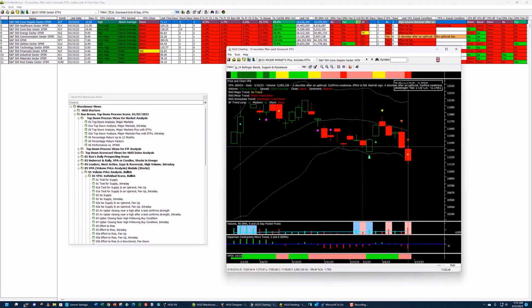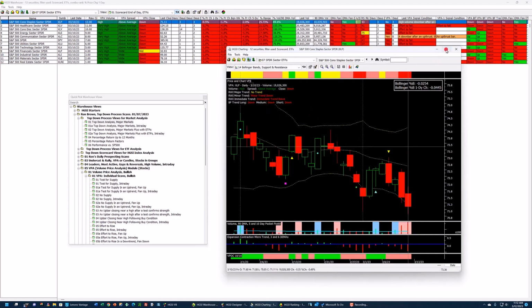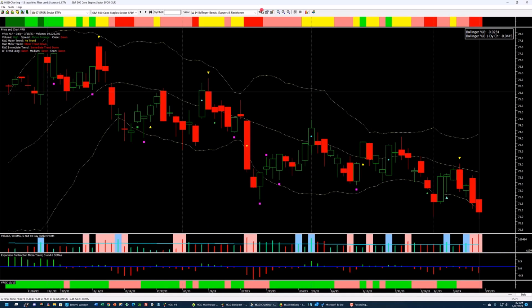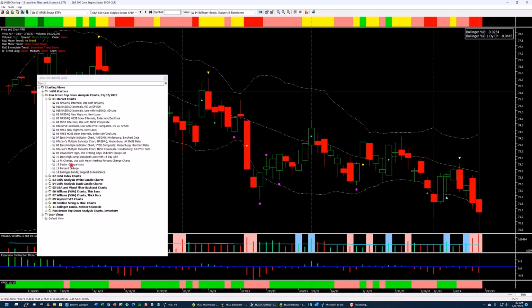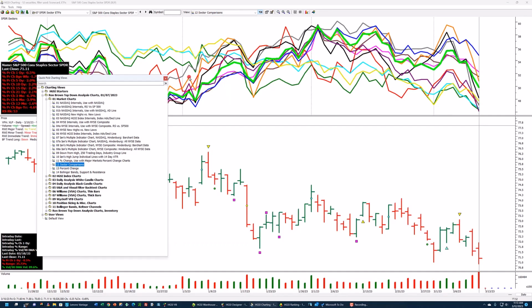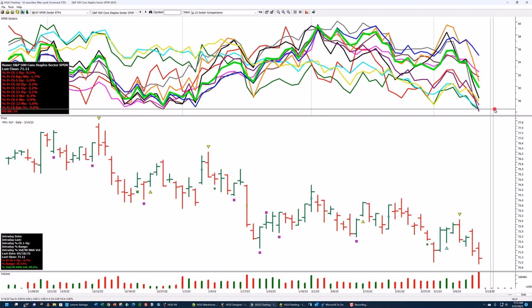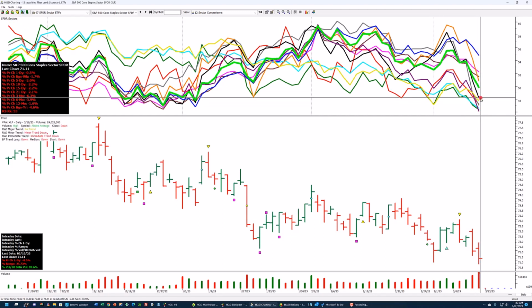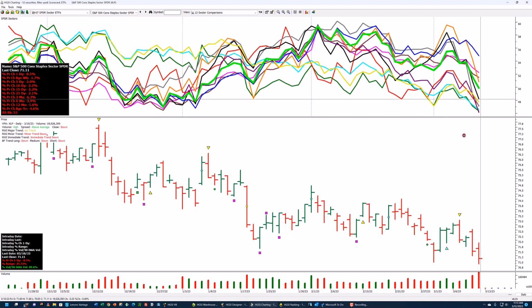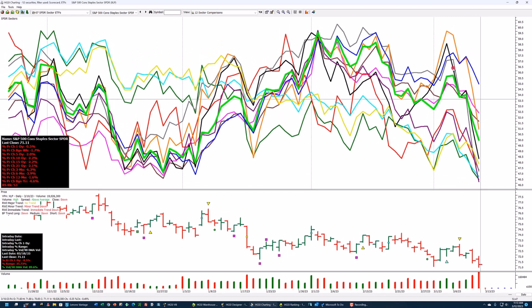Now I'm going to bring up a different chart. I'm going to go up two charts to number 12, a sector comparison. This is the Spider sectors right here, and if you look over to the right, you can see what has happened with these sectors.